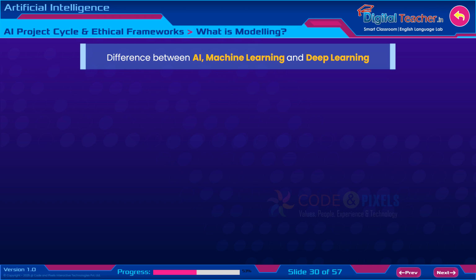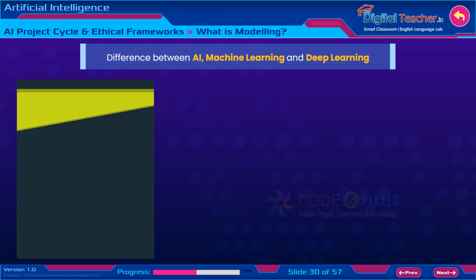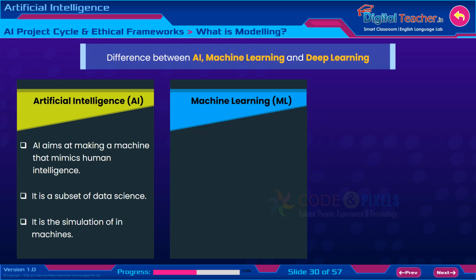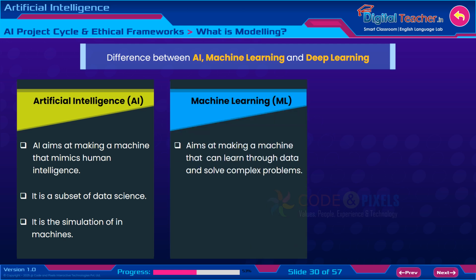Difference between artificial intelligence, machine learning, and deep learning. Artificial intelligence. AI aims at making a machine that mimics human intelligence. It is a subset of data science. It is the simulation of intelligence in machines. Machine learning aims at making a machine that can learn through data and solve complex problems.